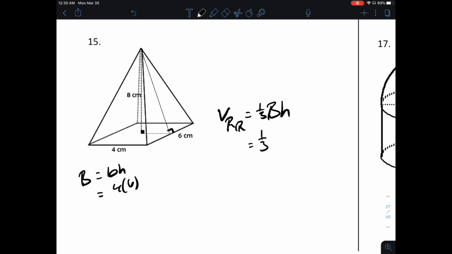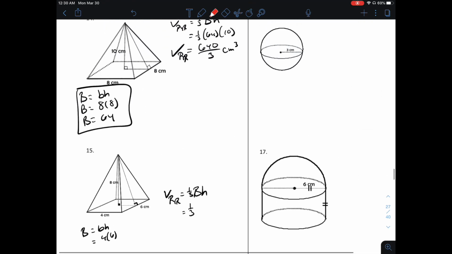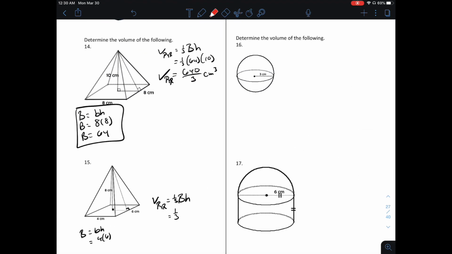Now, I'd like to point this out once again. Some of these pictures, this one specifically, it's not real obvious what the shape is down here. Now, the directions would be better if they said, determine the volume of the following with rectangular bases.